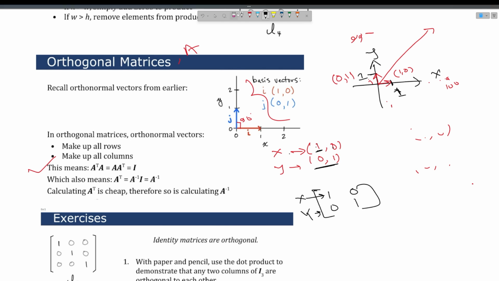Now interestingly, we can just call this a matrix A. Great. If we now have the transpose of A, you can easily understand this column should be a row.